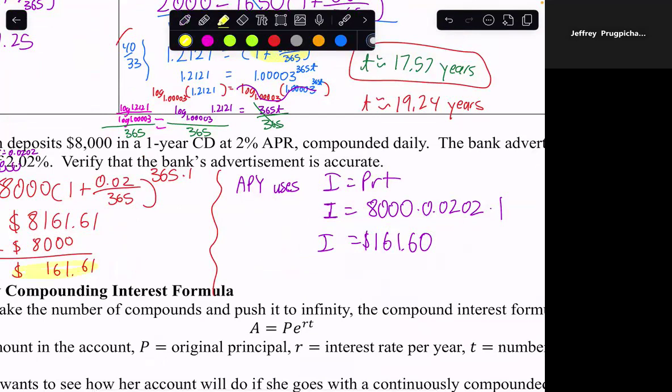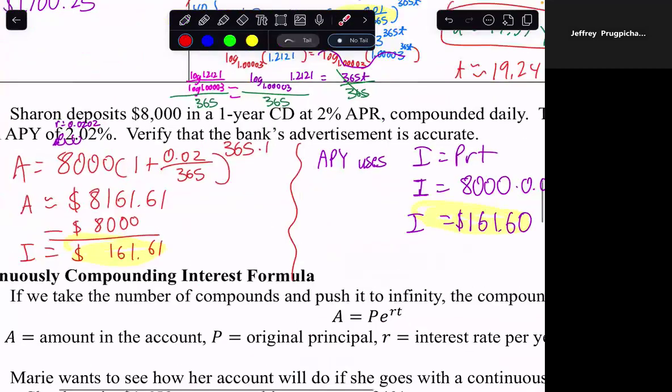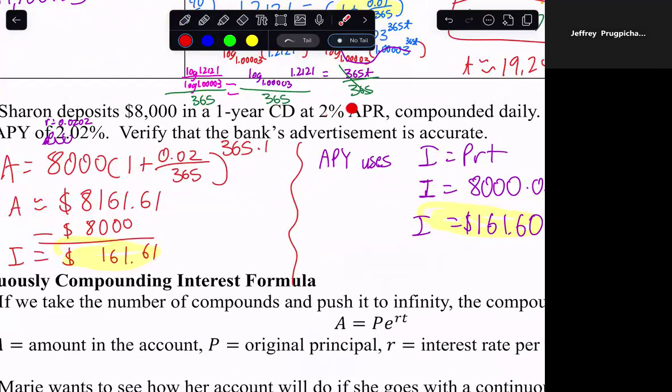Comparing the two numbers, they're a penny off. It's just a rounding thing. So I think we can say that the bank was accurate. 2% compounded daily is the same thing as 2.02% in simple interest. The bank will say 2.02% in their commercials and advertisements because it's a bigger number than 2%.